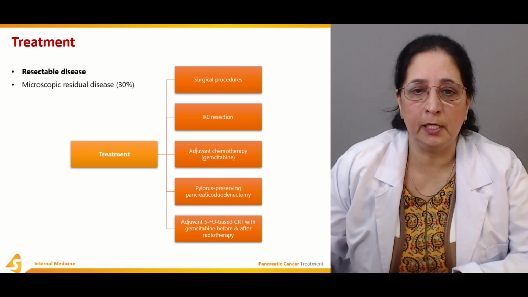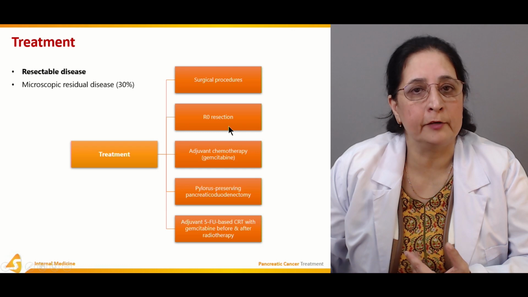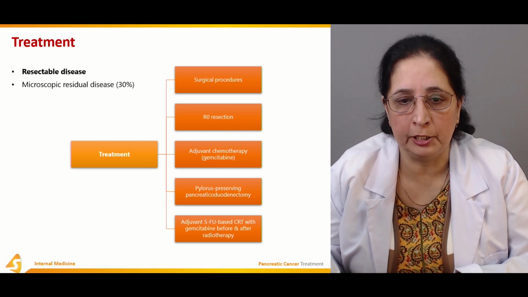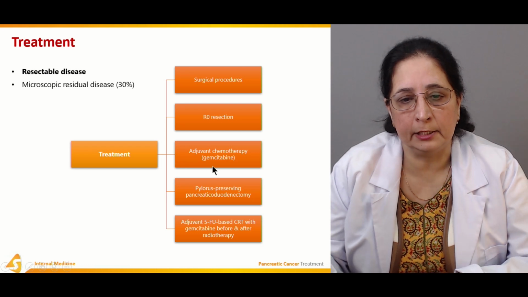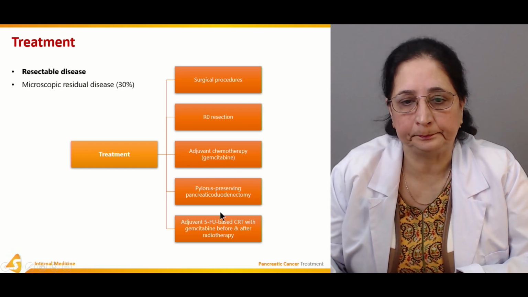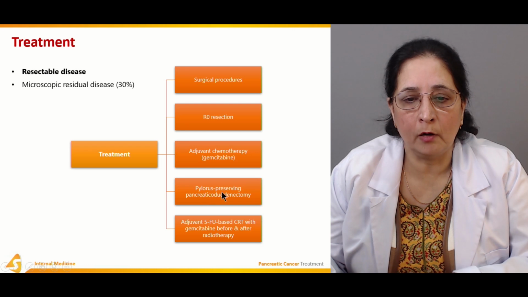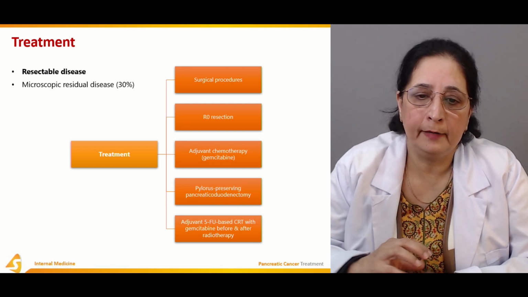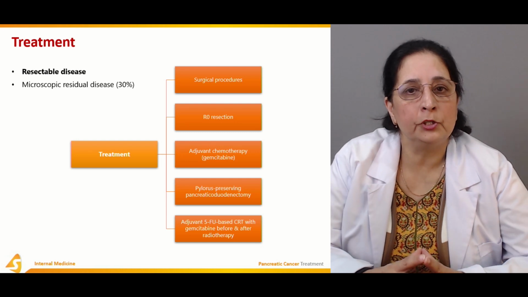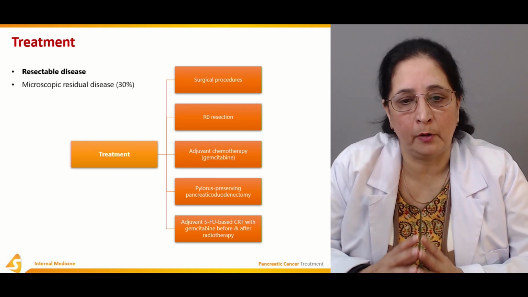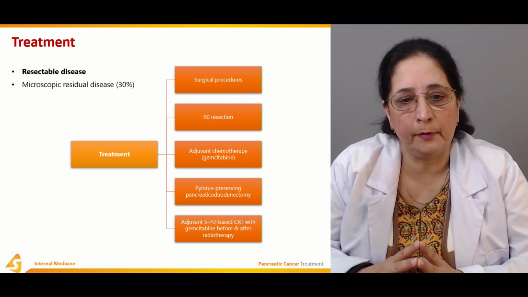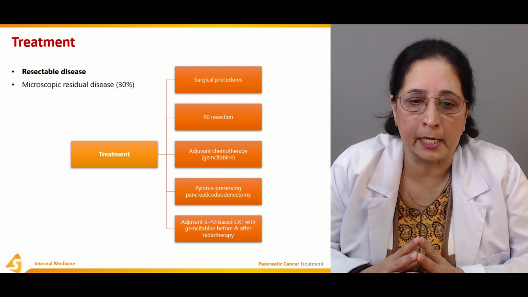The surgery is R0 resection, and then adjuvant chemotherapy, which is usually gemcitabine. And the pylorus should be preserved when pancreaticoduodenectomy is performed. It should be a pylorus preserving type of pancreaticoduodenectomy.